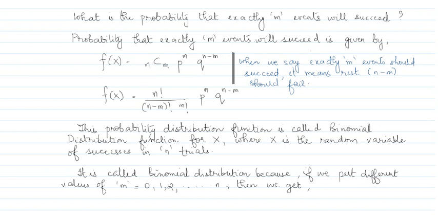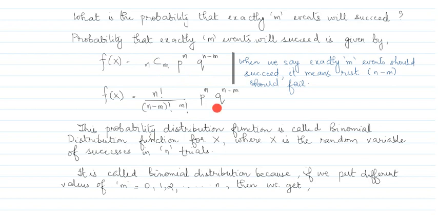If you have gone closely through the previous lectures, I don't think there is a problem in understanding this. Now, instead of nCm, you may replace it with n factorial divided by n minus m factorial times m factorial, the rest remaining the same.